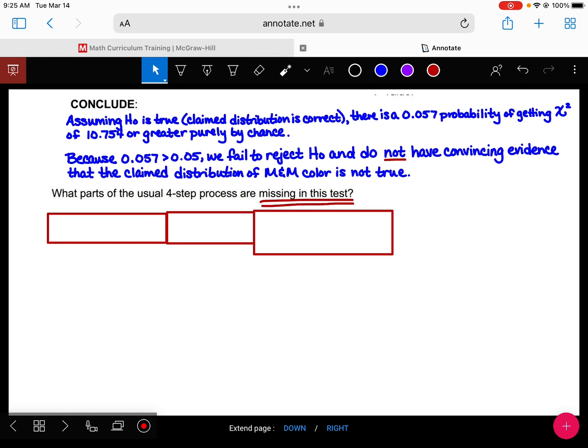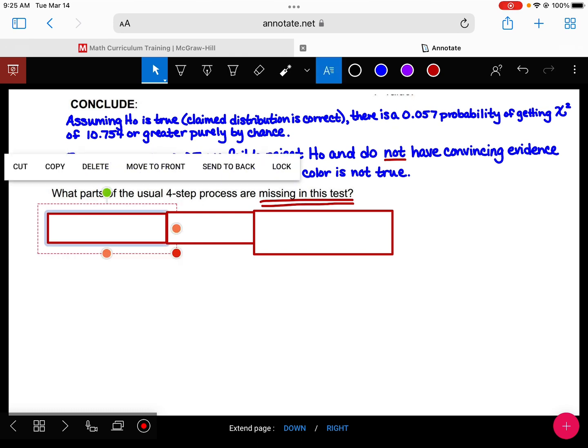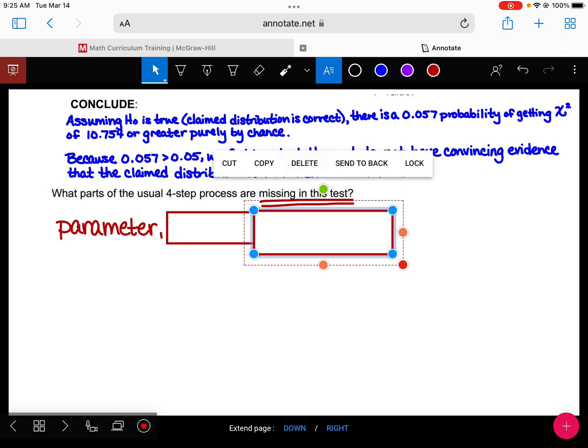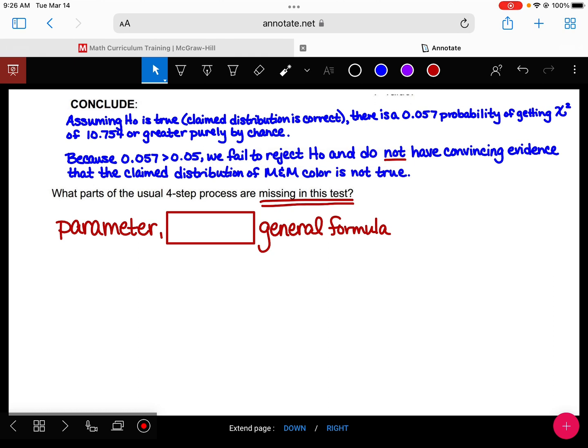What parts of the 4-step process did we have missing here? Parameter was definitely one of them. We always define our parameter, but on chi-square we don't. Jenna, did you have an idea? Same one. Yes, sir. General formula. We only have a specific for this one.